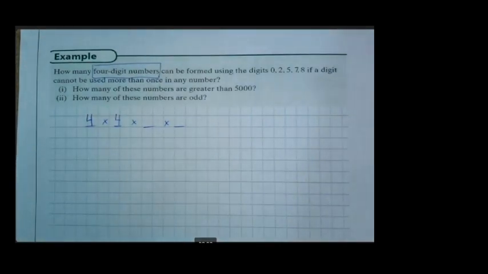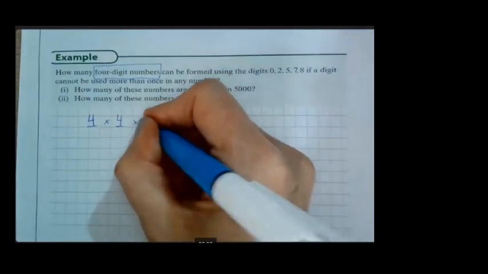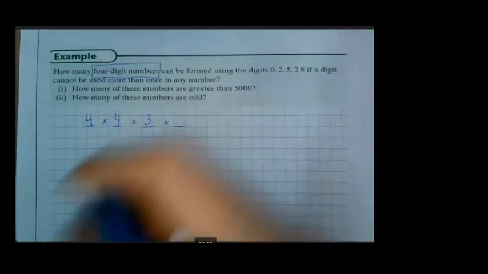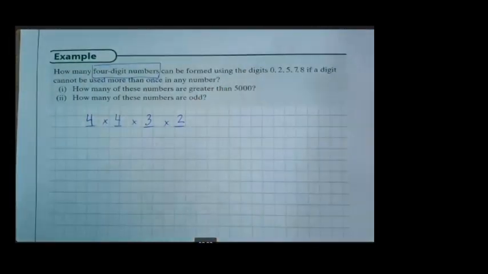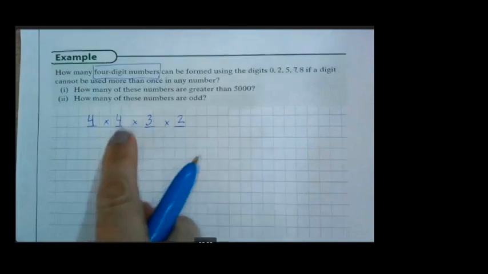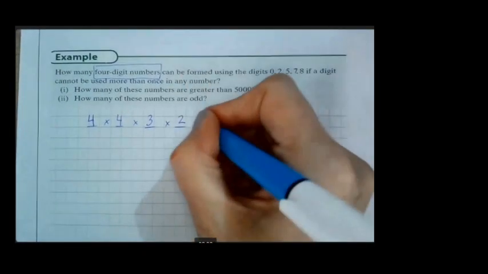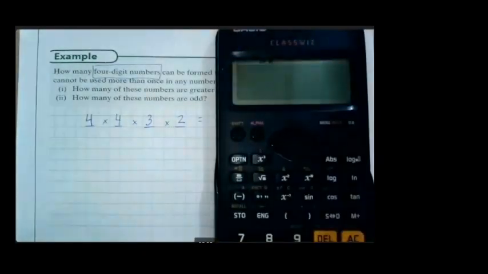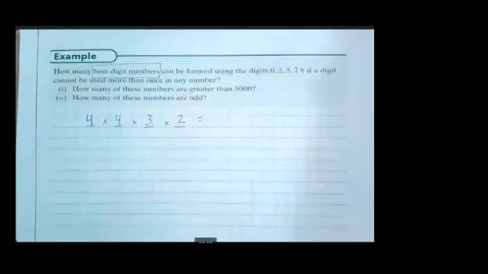Now 2 digits are in place, which means it only leaves me with 3 options for the third position, and then only 2 options for that final digit in the arrangement of that number. So the answer here is 4 times 4 times 3 times 2, which is 96.